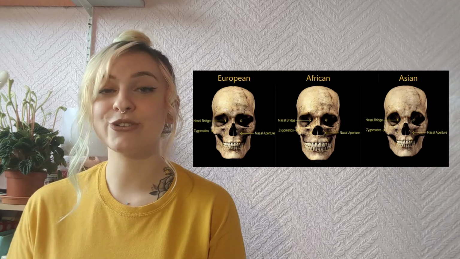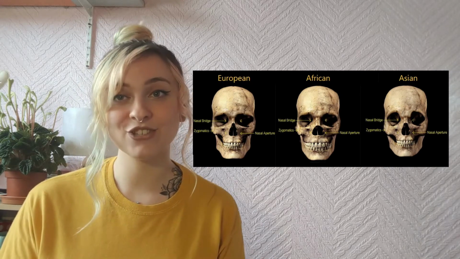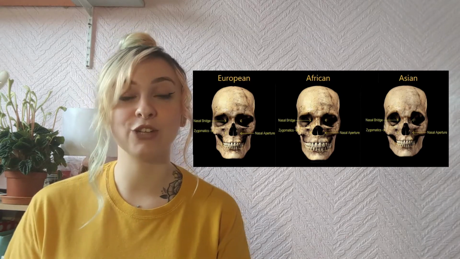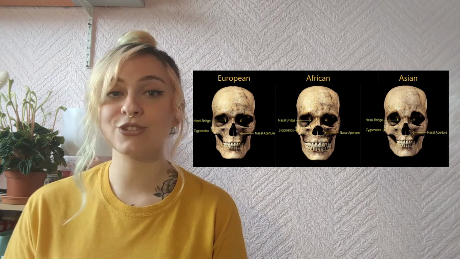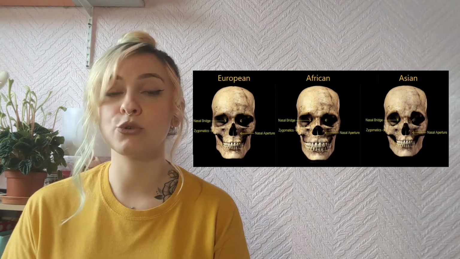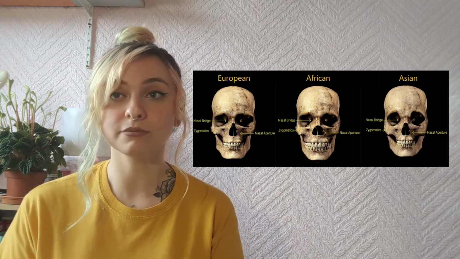So now we're going to look at the three geographical categories: European, African and Asian. Here I have skulls of European ancestry, African ancestry and also Asian ancestry. Generally speaking, skulls of European ancestry are more narrow and long.